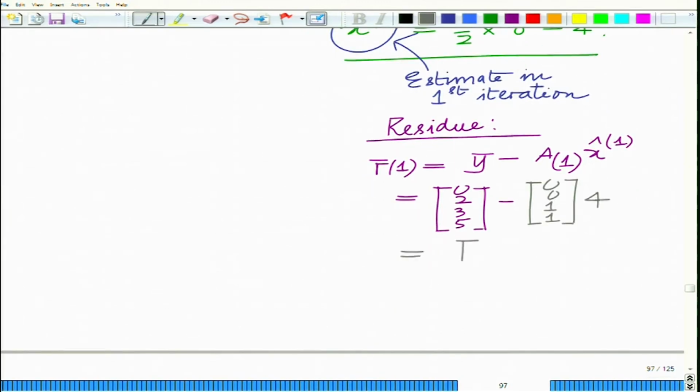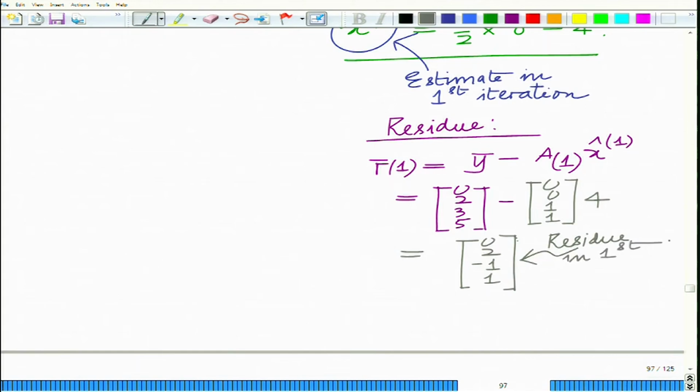So, this will be basically 0 2 minus 1 comma 1. This is the residue.